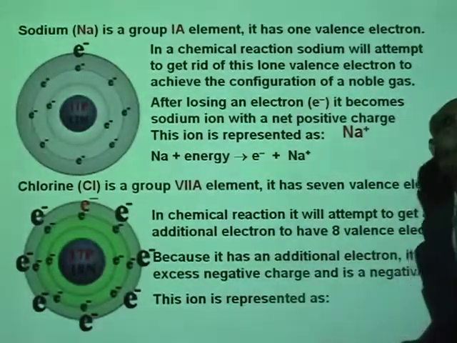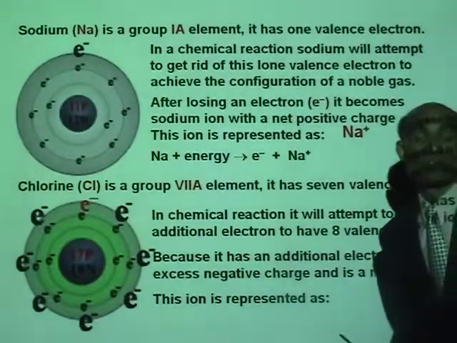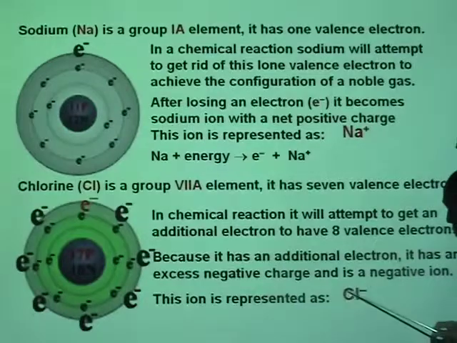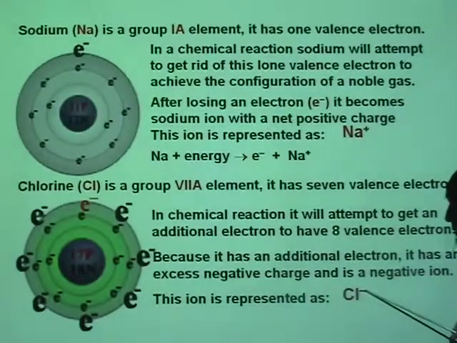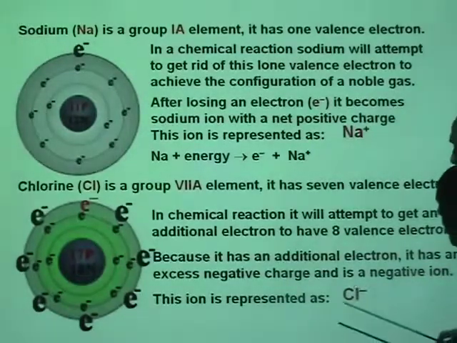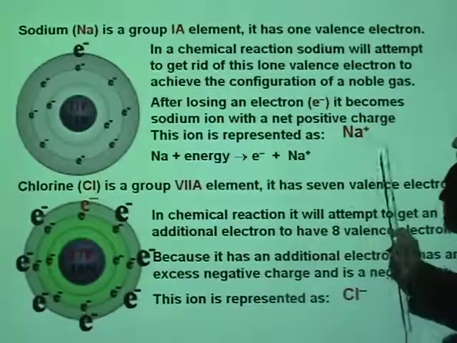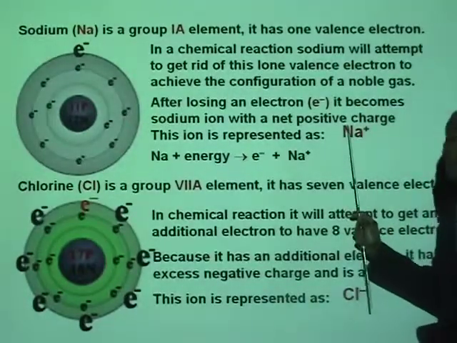And how would you represent that ion? Can you write that for me? That will be the symbol chlorine with a negative sign at the top right corner. So this means chlorine with a single negative charge. And look at the representation again.